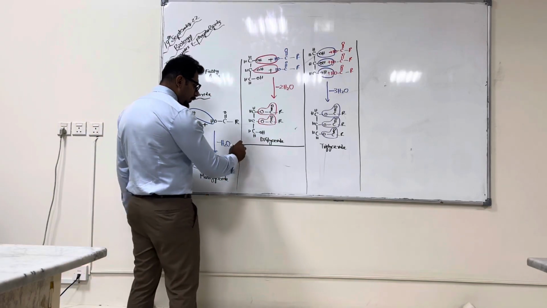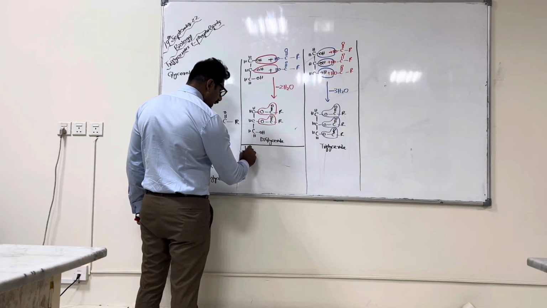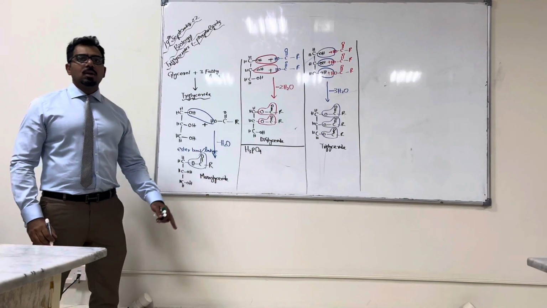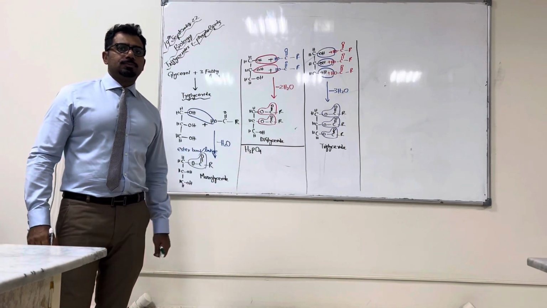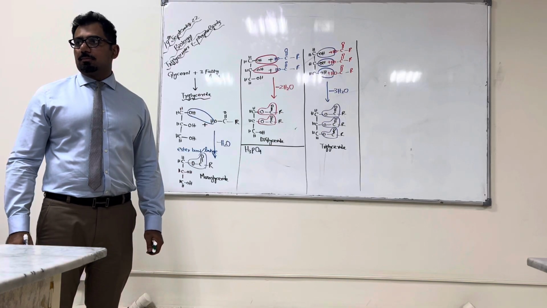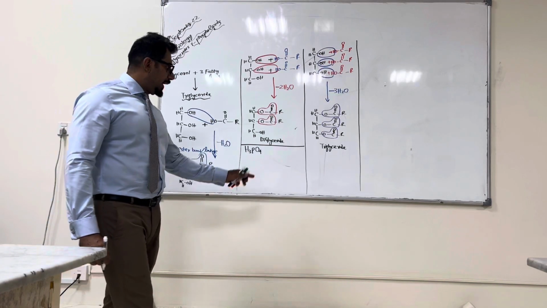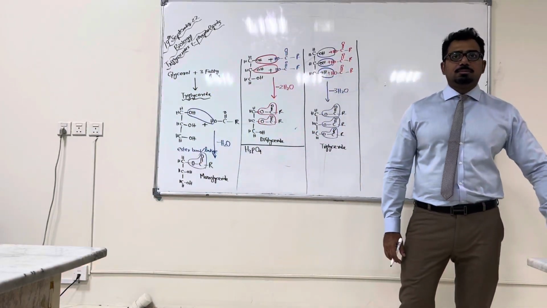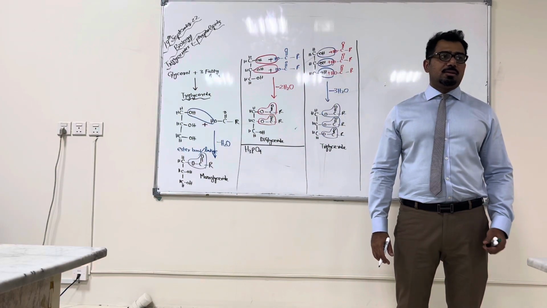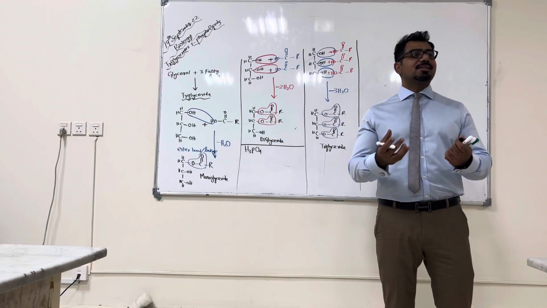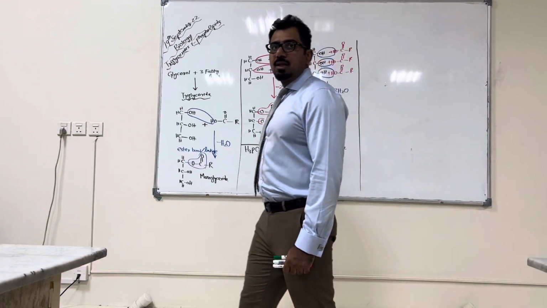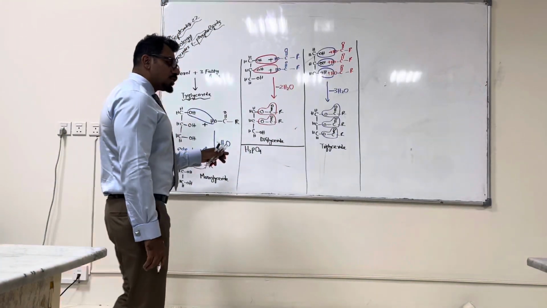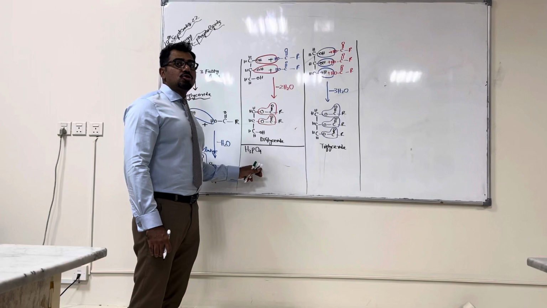I am writing the formula H3PO4. What is the name of this compound? Phosphoric acid. Now I am going to write down its structural formula.